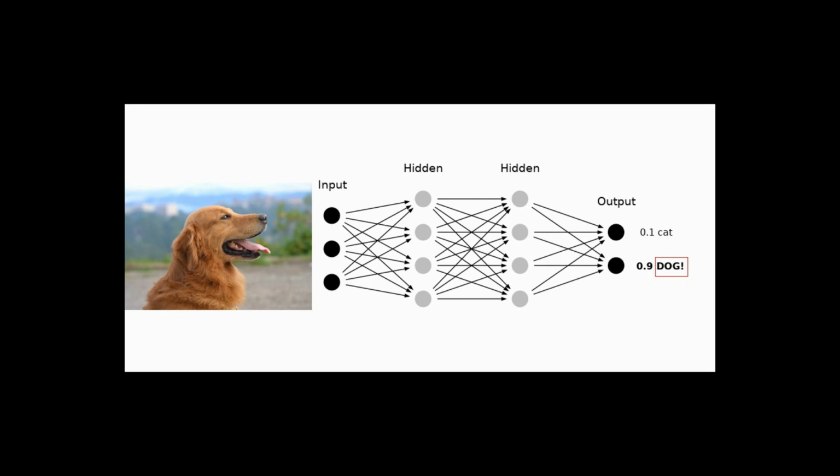Dogs running, dogs sitting, dogs looking at you, dogs looking away, dogs during the day, dogs at night. The variety of images that could exist is enormous, and the number of rules would be astronomical. So clearly, traditional rules-based AI is not the right approach.